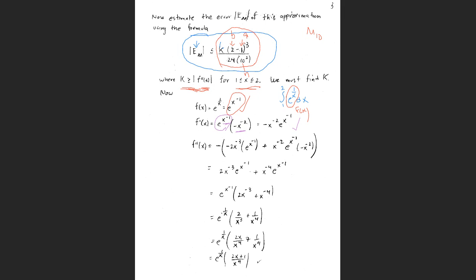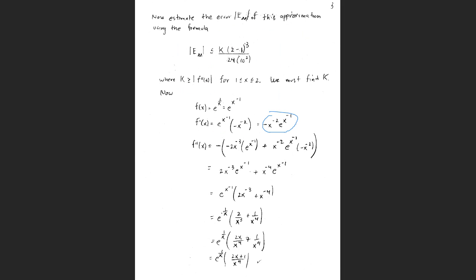Okay, well, let's proceed on then. Now we want the second derivative. So the second derivative is just the derivative of the first derivative. So here was the first derivative. And this negative sign, if you don't mind, I will factor that out in front. And so we have the derivative of a product, x to the negative second times e to the power x to the negative first.